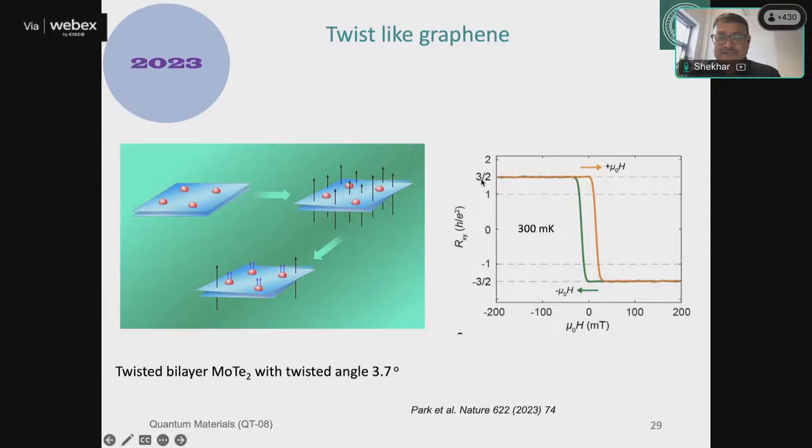We see here the fraction 3/2, in between 1 and 2. The anomalous Hall from one spin is in between 1 and 2, at 1.5. So the anomalous Hall is really fractionalized.